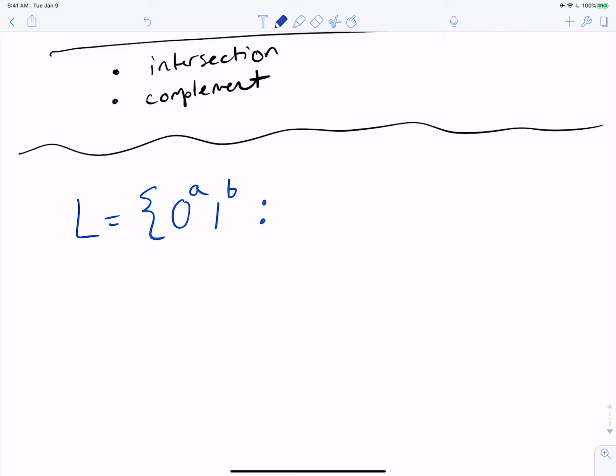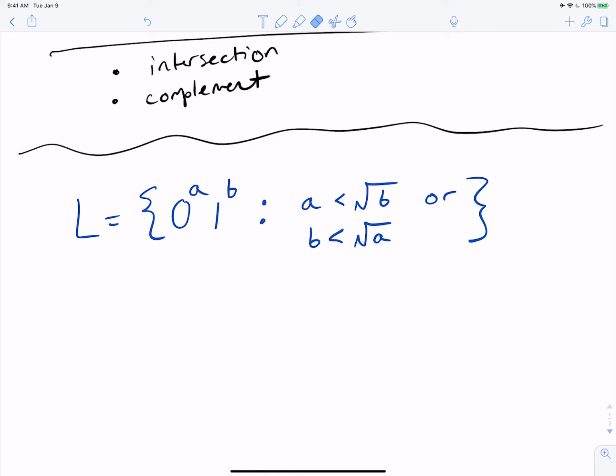What do I mean by close? Either A is less than the square root of B, or B is less than the square root of A. So if I have 100 ones at the end, I better have fewer than 10 zeros at the front. It's basically saying that one of the two lengths, either the zeros or the ones, is vastly bigger than the other. So what do you think?